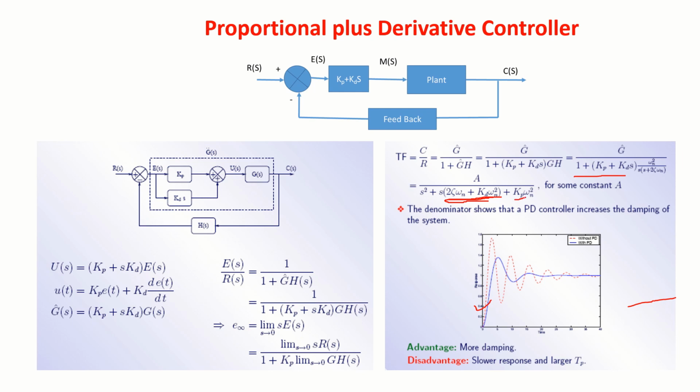So also the natural frequency value increases. So suppose you have an oscillatory system with certain error. If I introduce KDS, it will damp down. Okay, there is more damping. Slow response, you can see here. This is the peak time. Response will be very slow.